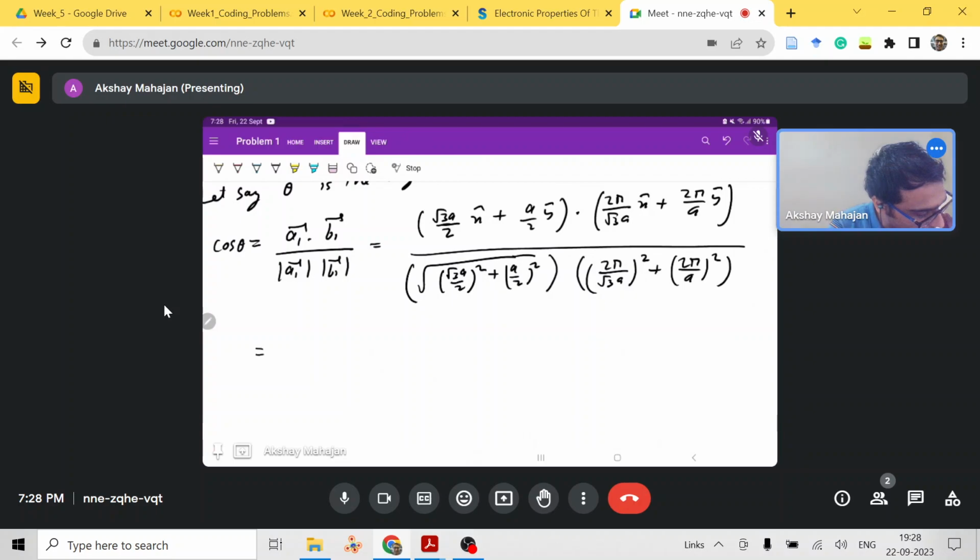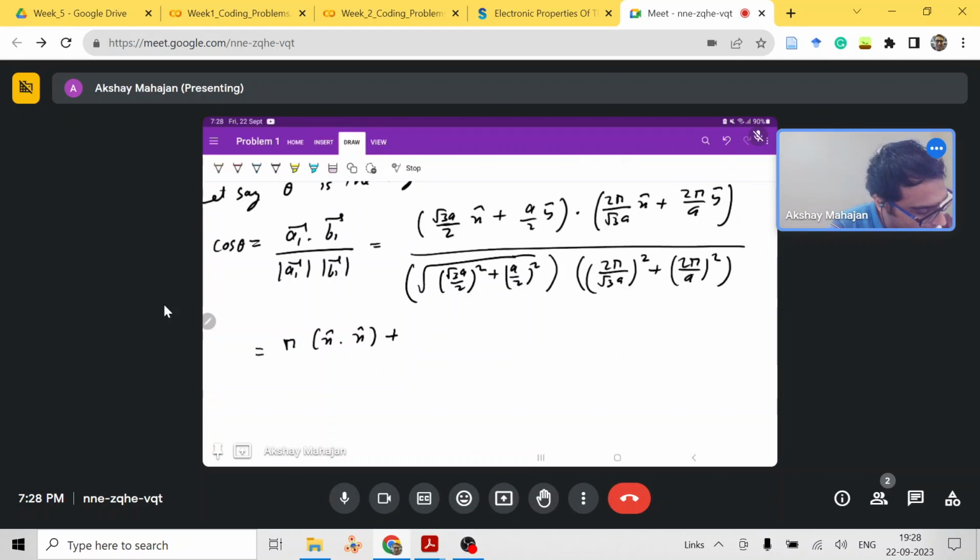Okay, root 3 by 2, it will be pi times x cap dot x cap, plus this will be pi by root 3 and x cap dot x cap.